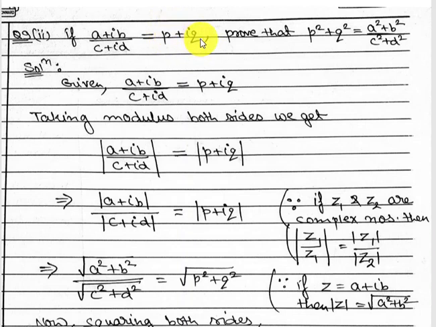Square root of p square plus q square. If I take the modulus of a plus ib, I'll get square root of a square plus b square. Down, if I take the modulus, I'll get square root of c square plus d square.